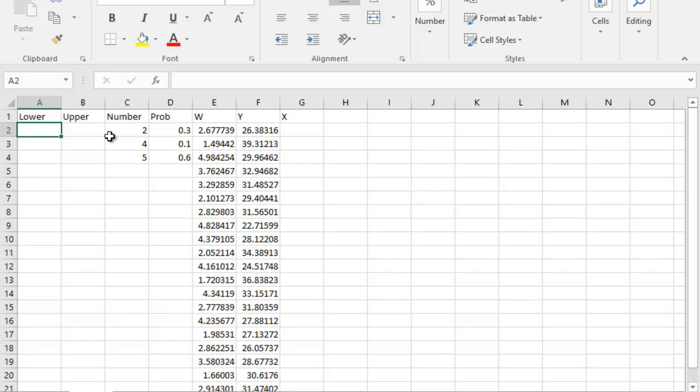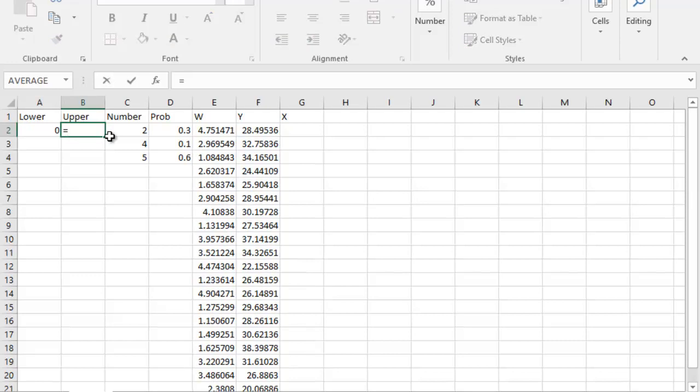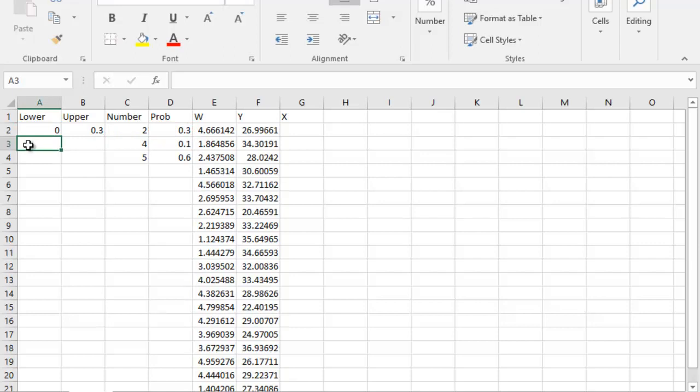Now we're ready to construct the boundaries. We start at 0, and then the upper boundary of a given class is the lower boundary where I already was on the interval, plus the probability. Then the lower boundary of the next class is going to be the upper boundary of the previous class.